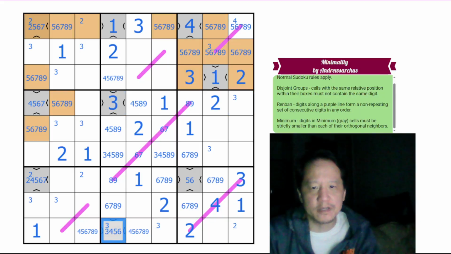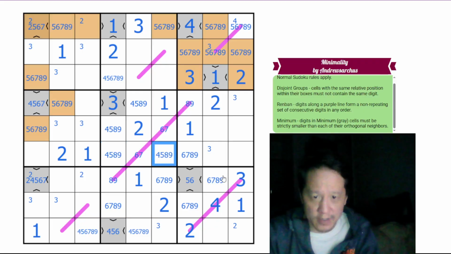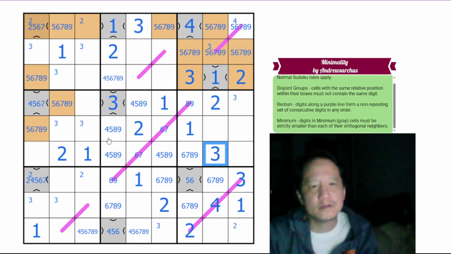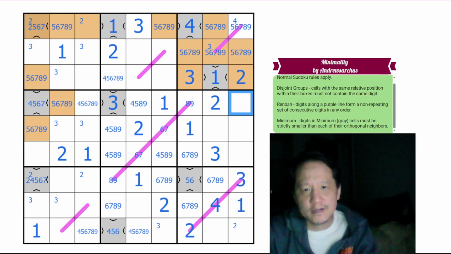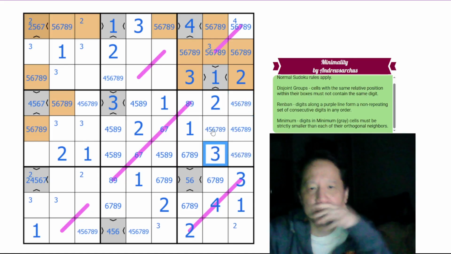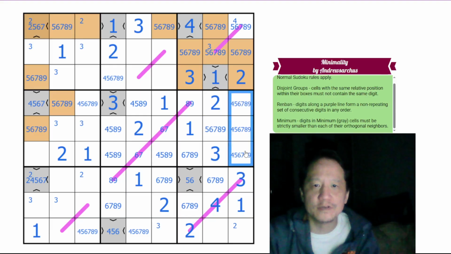It has to be here. So this can't be 3 there. No 3 here. This has to be 3 here. And this could be 4 through 9. No 4 here, so one of these is, well, okay, so this obviously.